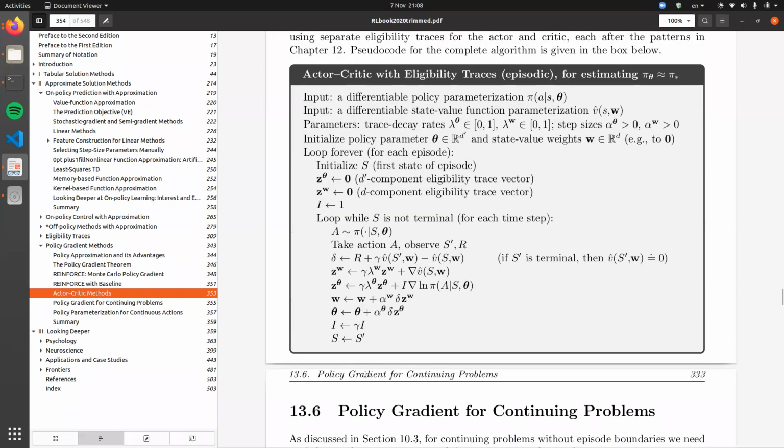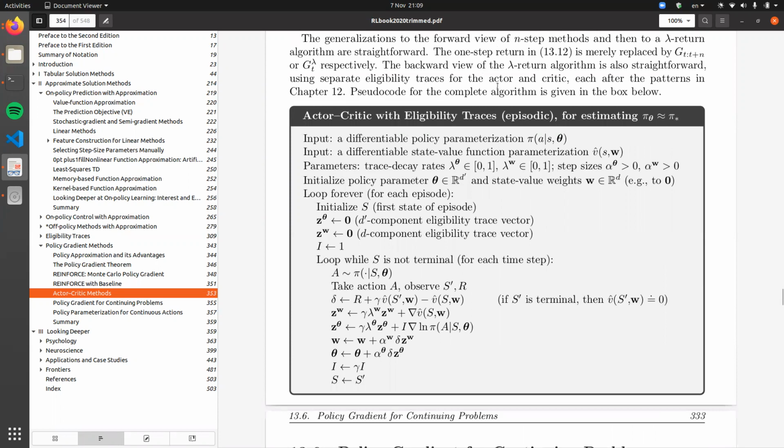And as with Monte Carlo and temporal difference learning, we can use eligibility traces as well as n-step bootstrapping to improve this algorithm even further, to give it even more flexibility by bootstrapping from multiple states.